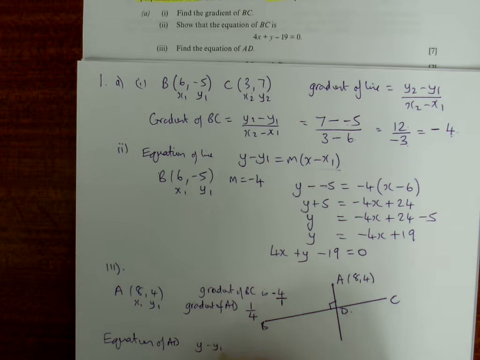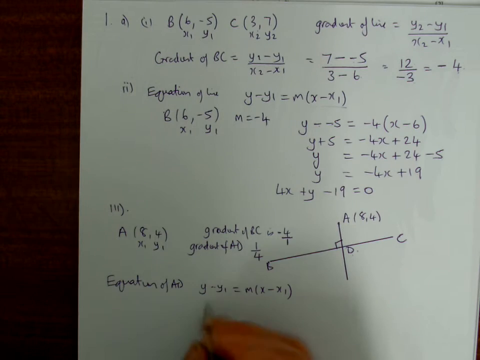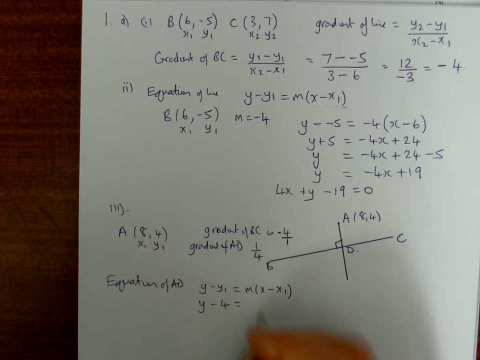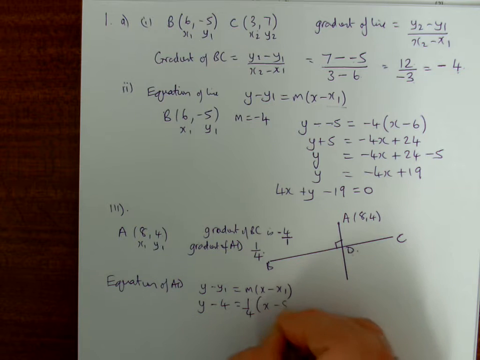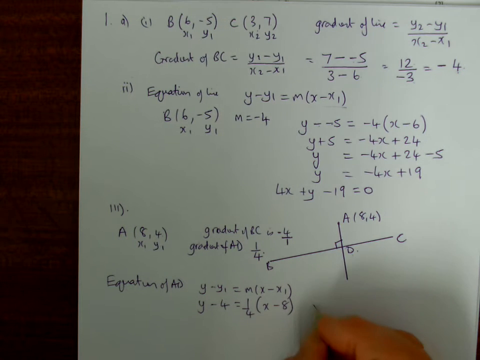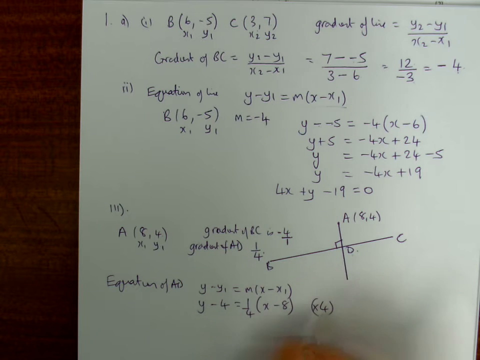So the equation of AD is y minus y1 equals m(x minus x1). So I've got y minus 4, y1 is 4, x1 is 8, and m is a quarter, so a quarter of x minus 8. So multiply through by 4 to get rid of the fraction. So on the left, that's 4 lots of y minus 4 lots of 4 is 16.